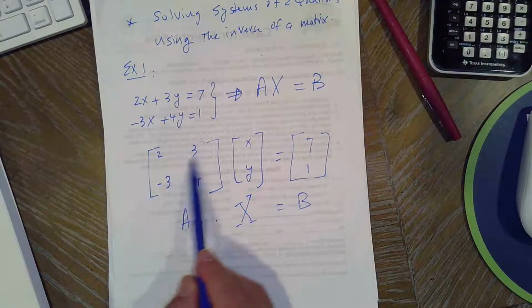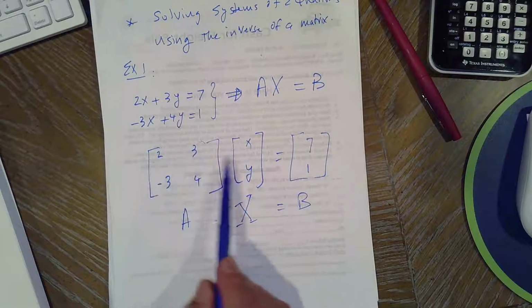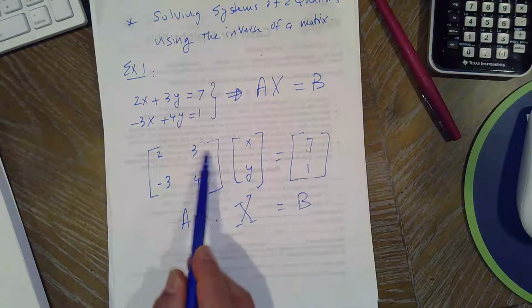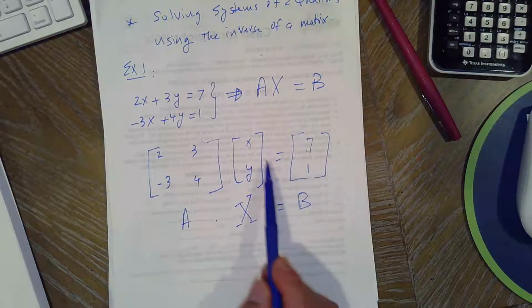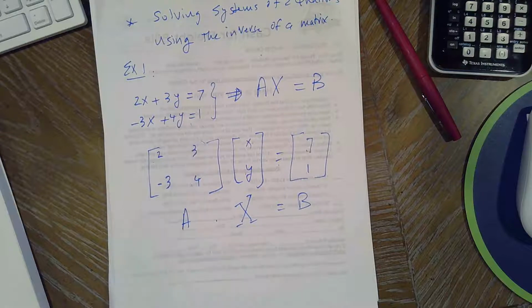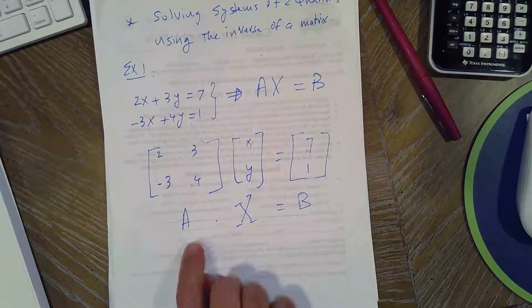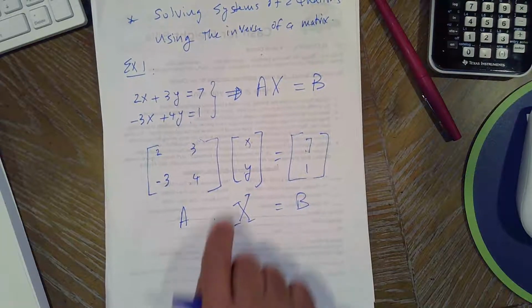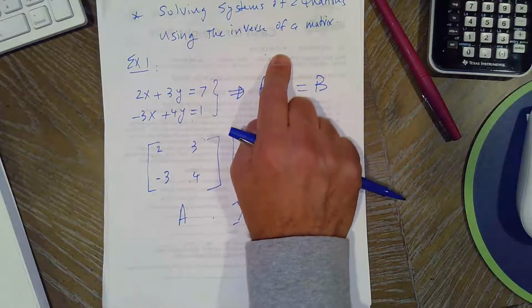If you do row times column, you get 2x plus 3y equals 7, and then row times column, negative 3x plus 4y equals 1. It gives you the second equation. So we're going to use the inverse of a matrix to solve this system.